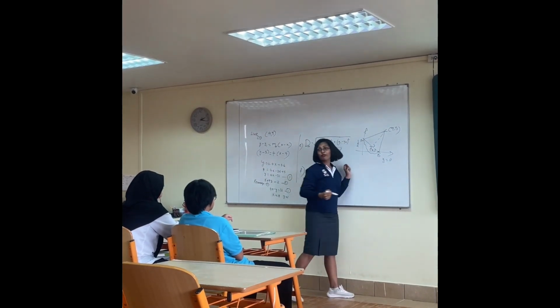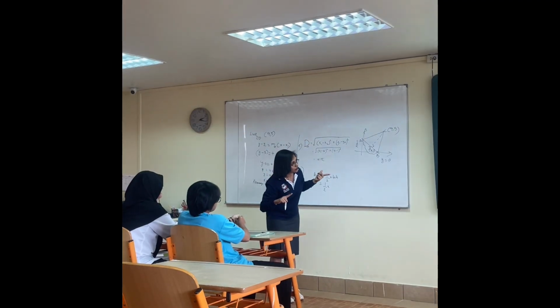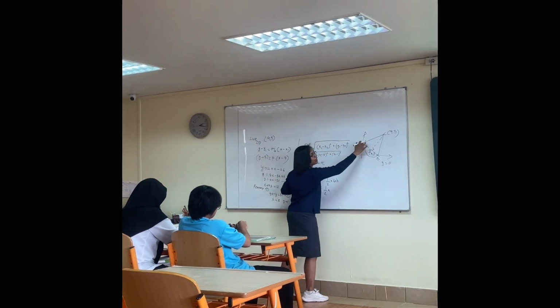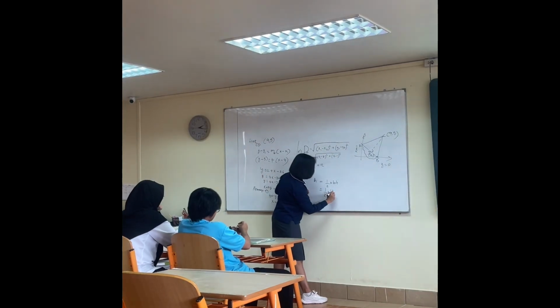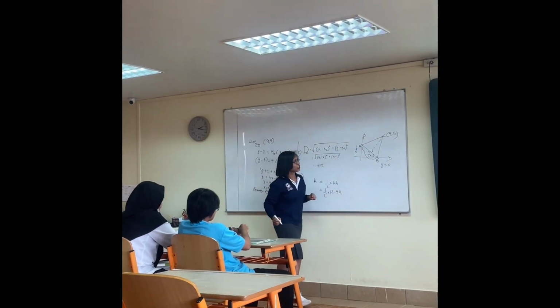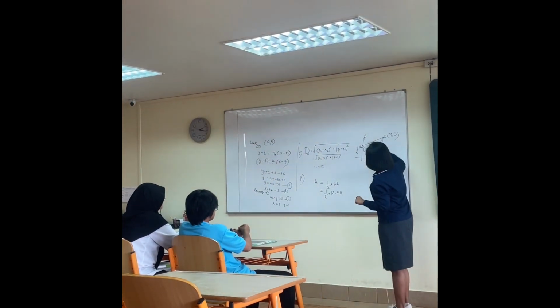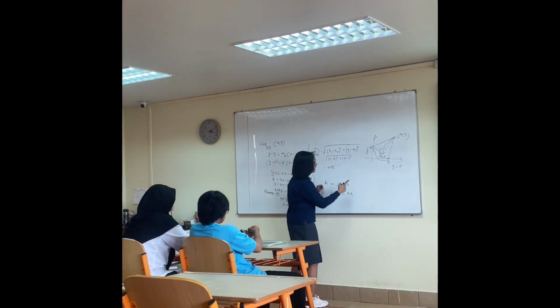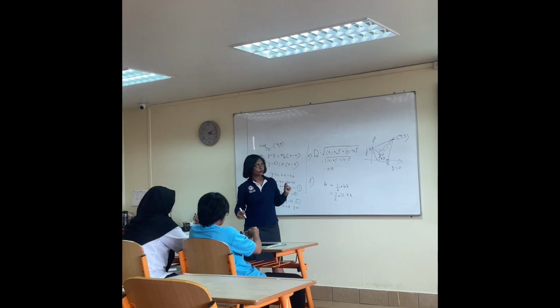And what is the length of AB? That one you already found in the beginning, Part B, right? So the base is your AB, so 12.4. How about H? H is your length of CD. So CD, H, how much? 4.1.